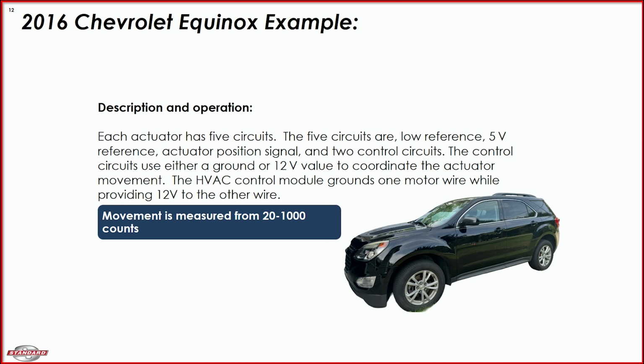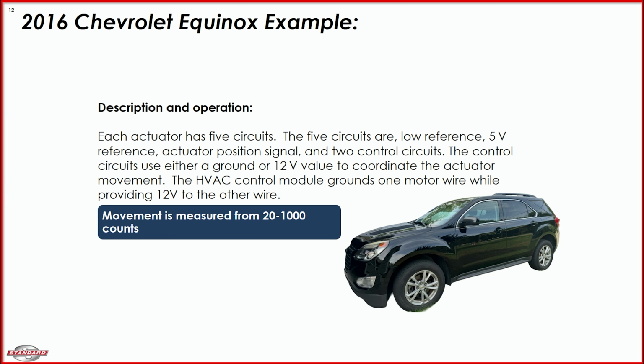Using this Equinox as an example, we note that when the actuator shaft rotates, the potentiometer's sliding contact changes the door position signal between 0 and 5 volts, just like in the Yukon. The HVAC control module again converts the voltage signal to counts. So the signal voltage and counts are basically aligned to one another and could maybe be thought of as being on a sliding scale.